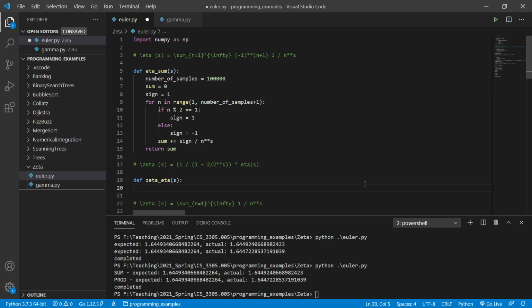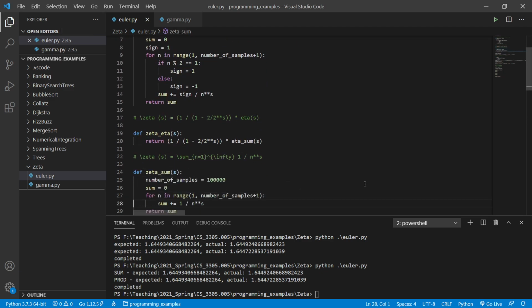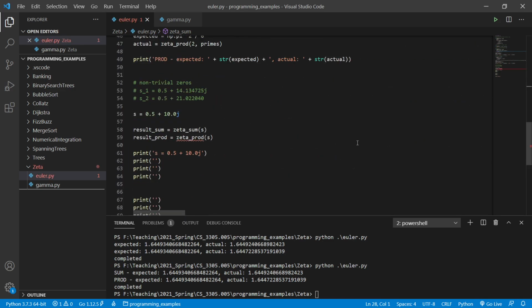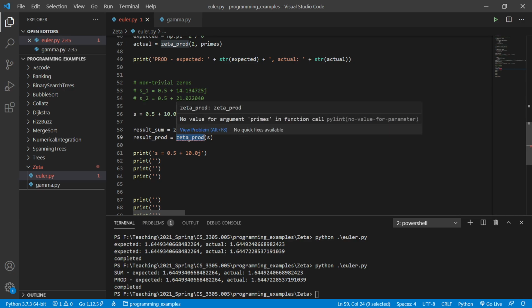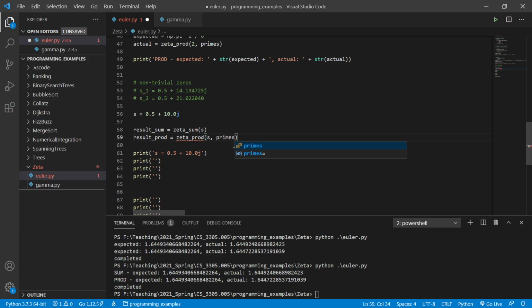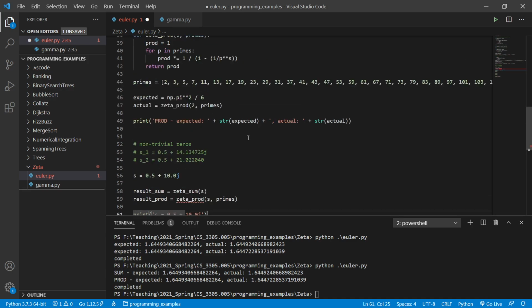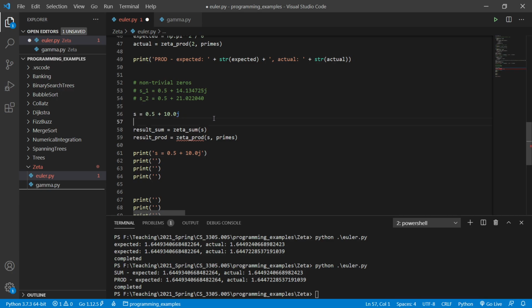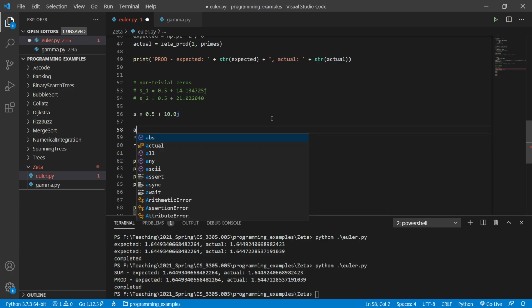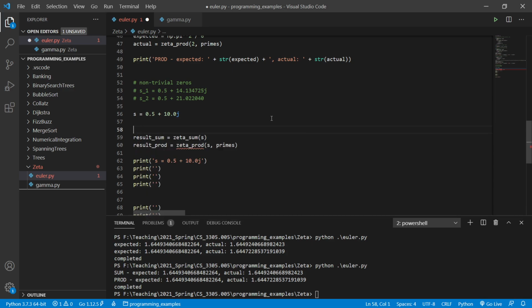Okay, so this is pretty straightforward. We're just doing this. We have that eta sum, and then this over here. So again, you see it's pretty straightforward once you get moving on it. Positive primes. Okay. So now we're going to test it out here, and we can say that we have an actual result, and it's going to be whatever eta tells us it was.